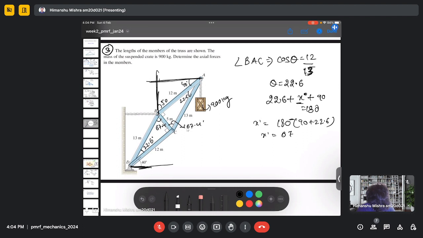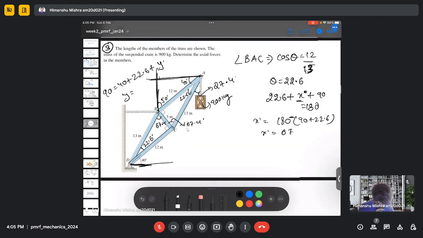This will be 50, and we can find this angle from 90 equals 40 plus 22.6 plus some unknown angle, let's say y degrees, and we will get y as 27.4.